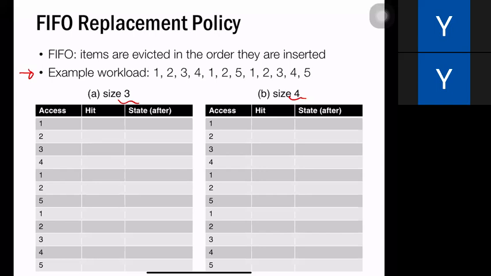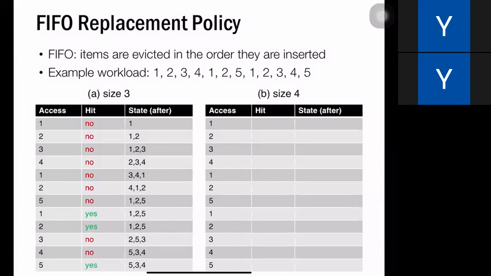So I'm not going to walk you through each and every detailed step of how FIFO works because it's straightforward, it's naive, right? So let's directly jump to the result. This is the result from the left table with a cache size of 3. So keep in mind that we end up having a total number of 3 hits, right? So the hits are over here.